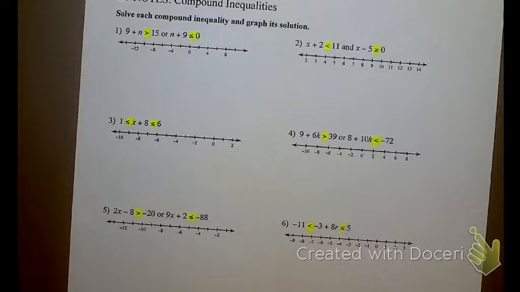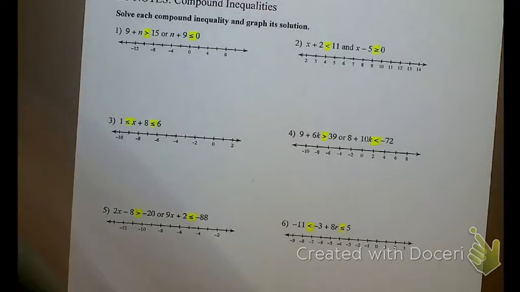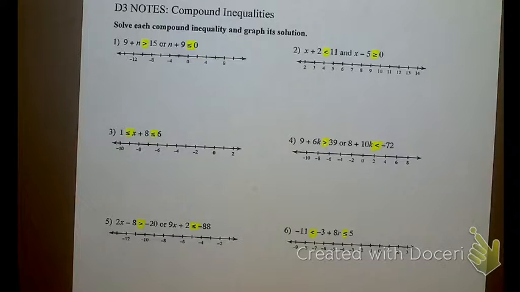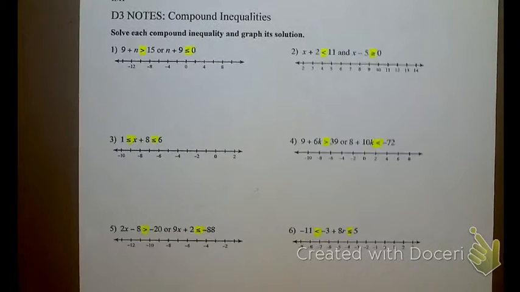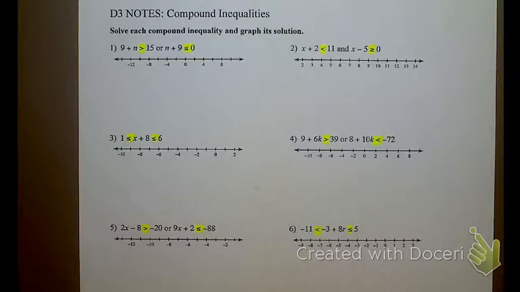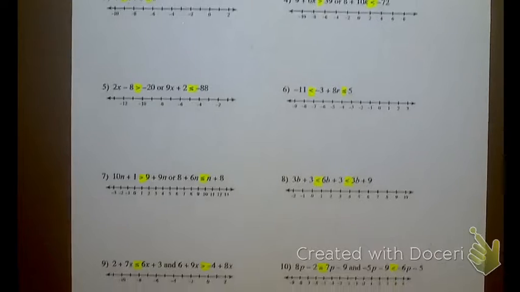What words do you see written in the problems? And. Okay. And or. And there are some that don't have any words. Like what doesn't have a word? Number 3. Number 6. Any others? 8. 3, 6, and 8 don't have any words.